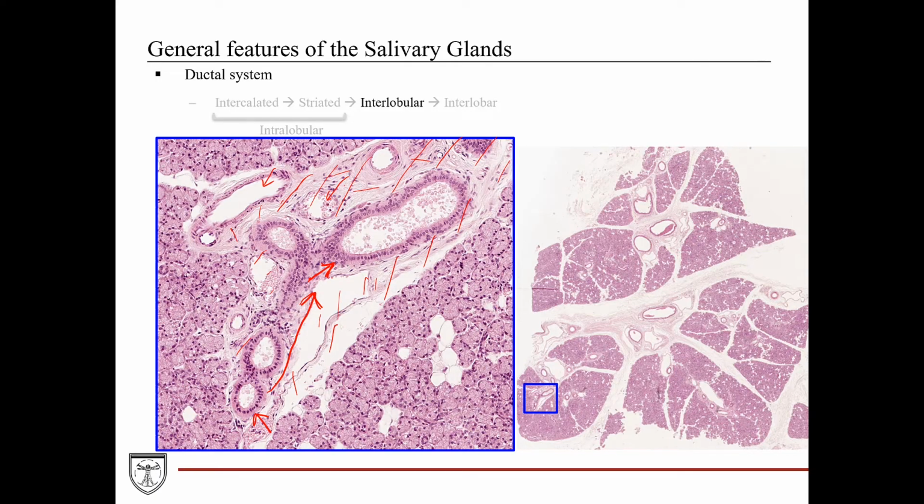And as for the composition of this interlobular duct, I would think that this duct too is comprised of simple columnar epithelium, although some of the larger interlobular ducts could be comprised of a little more substantial lining epithelium such as striated columnar epithelium. So I wouldn't be surprised to see that down the road.